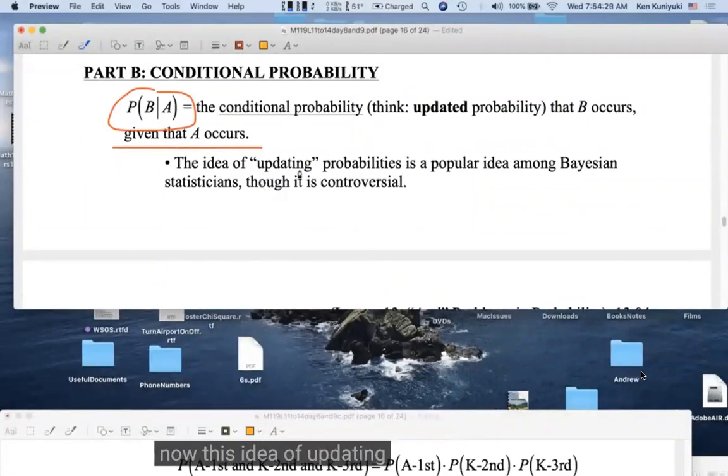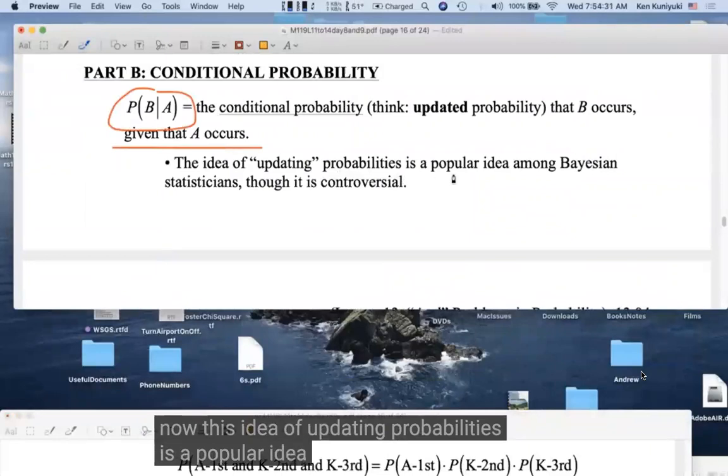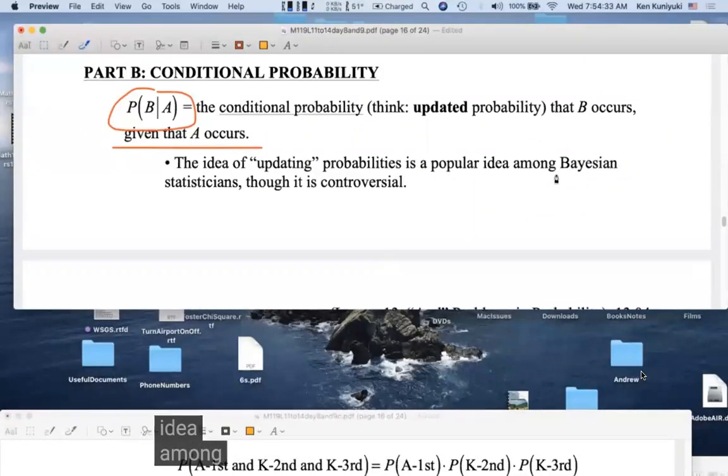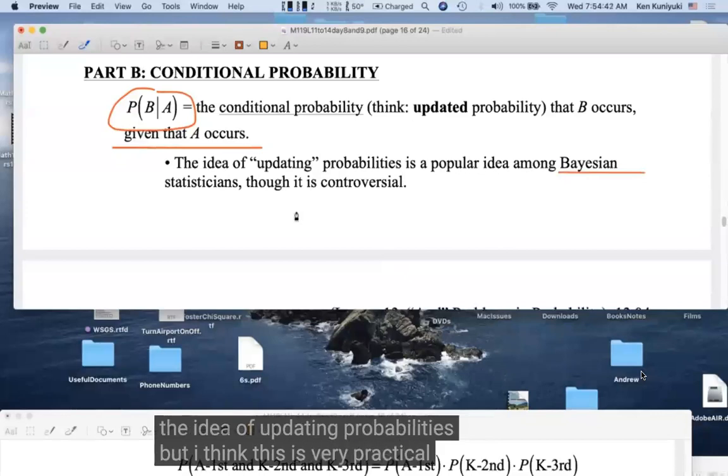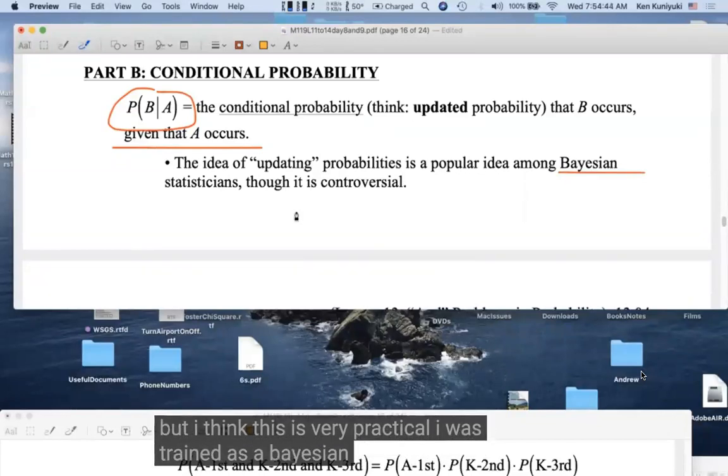Now, this idea of updating probabilities is a popular idea, and it's a practical idea among Bayesian statisticians, although it is controversial. There are some purists who don't like the idea of updating probabilities, but I think this is very practical. I was trained as a Bayesian. We're going to talk about medical diagnoses later on.